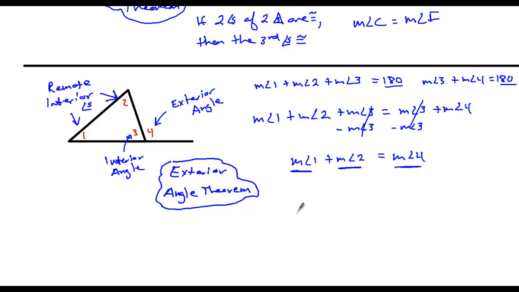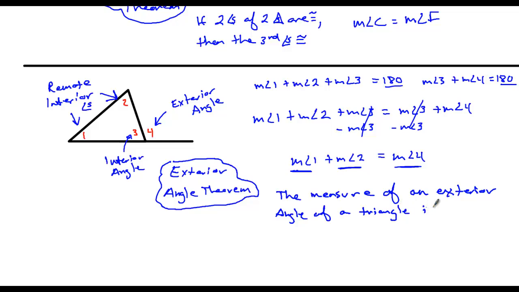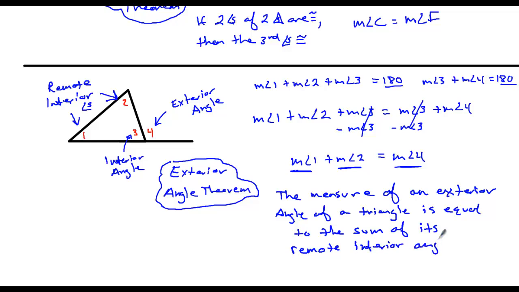And the exterior angle theorem says that the measure of an exterior angle of a triangle is equal to the sum of its remote interior angles.